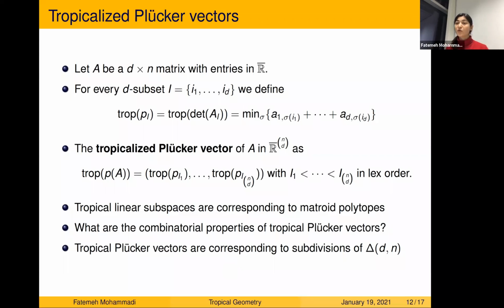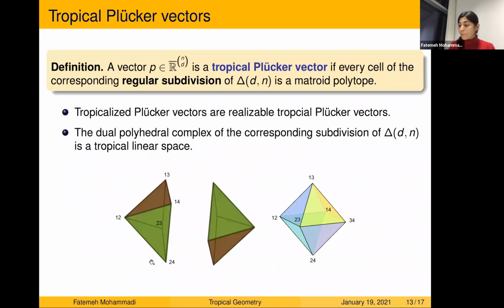Okay, so let me now explain what I mean by these last two sentences. We're going to define a tropical Plücker vector. So that's the definition that we're going to use. A vector P in R bar to the n choose d is going to be called a tropical Plücker vector if, you start from the matroid polytope of the uniform matroid, which was defined as the convex hull of all these subsets of 1 to n.